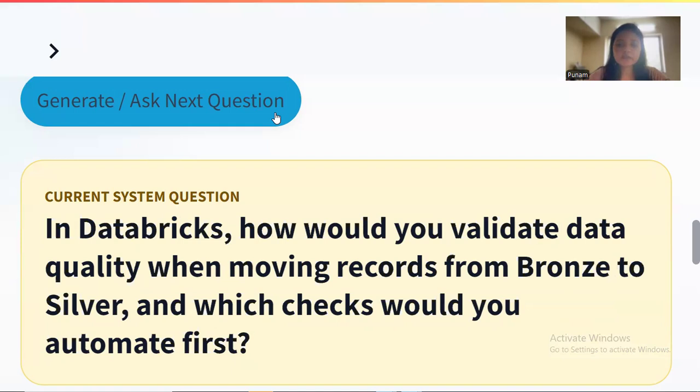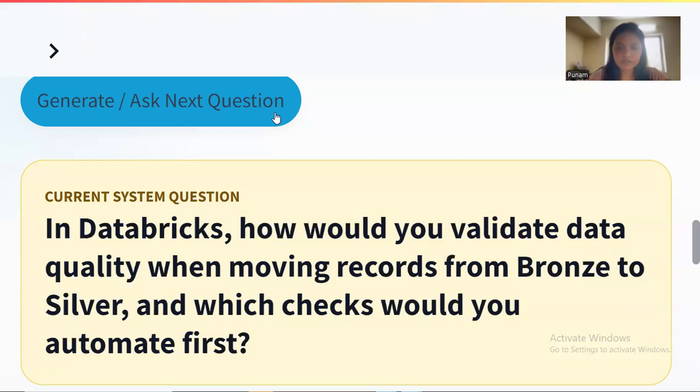So while moving from bronze to silver, the first quality check I will do is the row count. Whatever the row count was in the bronze layer, it should still be the same in the silver, so I try to match that count. It is basically matching the count of source and target.